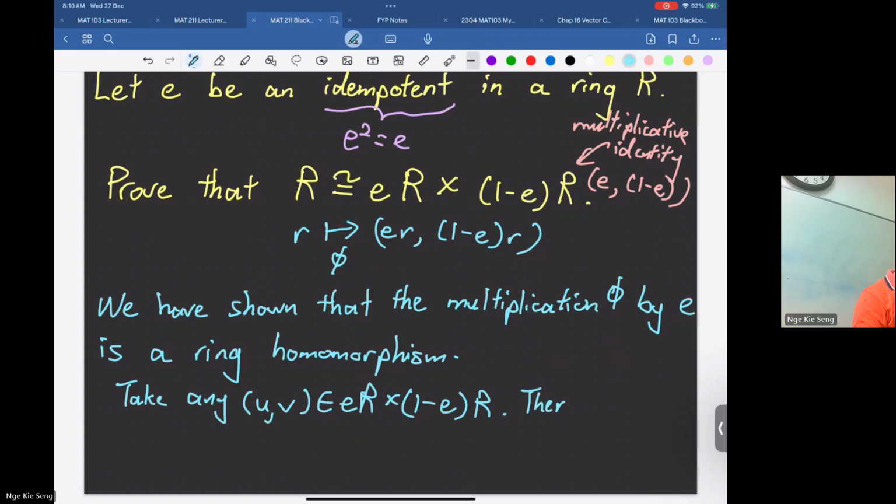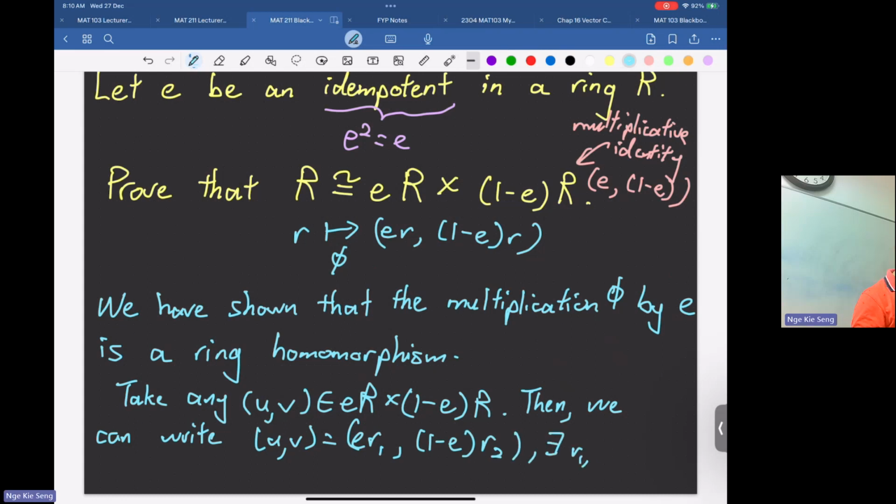Then we can write (u, v) equals E times little r1 and (1 minus E) times little r2 for some r1, r2. So that's the definition of ER and (1 minus E)R.